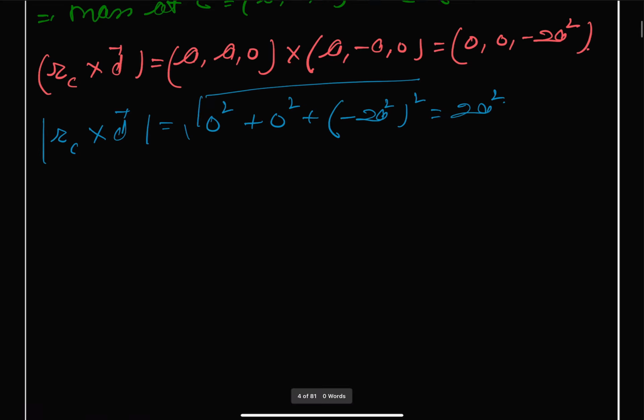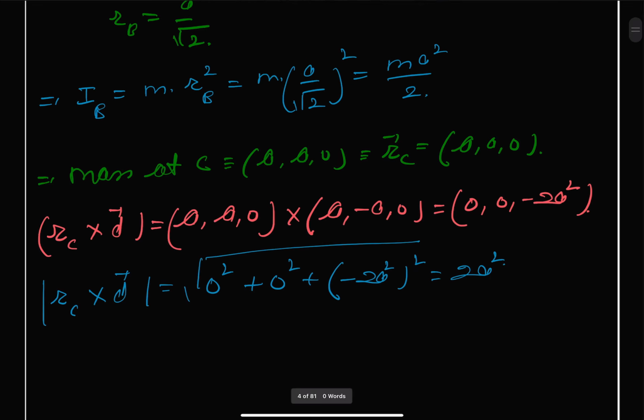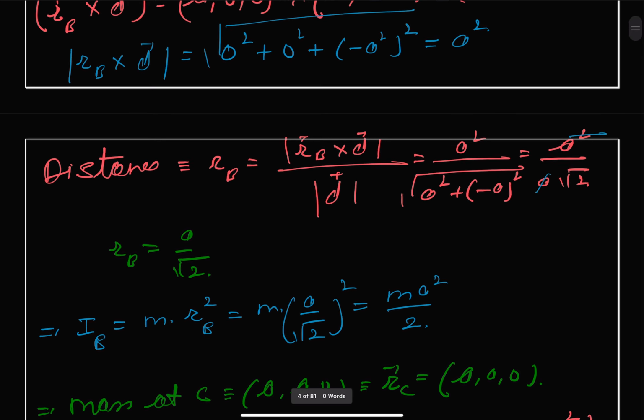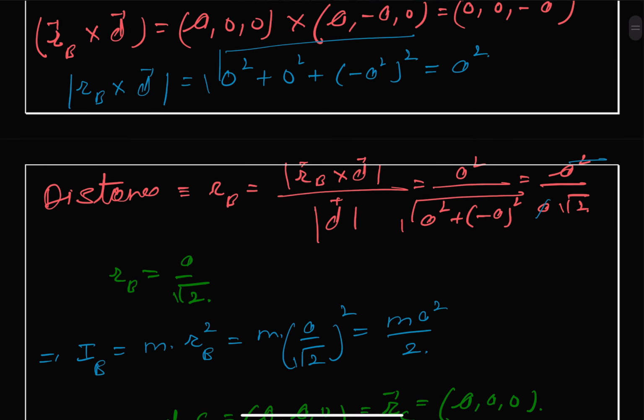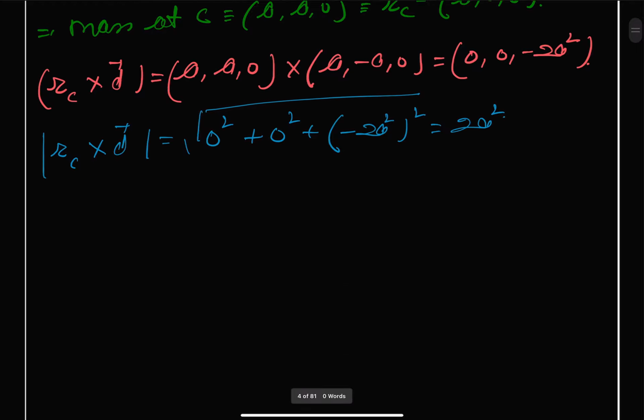Now we come to the distance, because our d will be the same. One second, d is the square root of A square plus A square, yes.